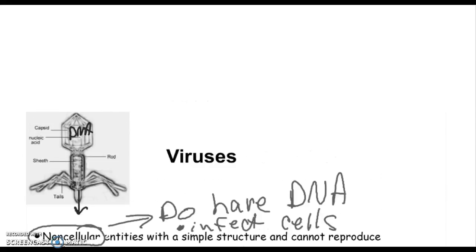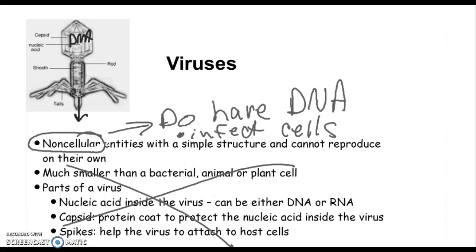The other thing, and please don't write all this down, but since we're talking about cells, I just want to mention viruses really quickly. Viruses are kind of their own beast. They do have genetic material, DNA or sometimes RNA, because RNA, remember, is also genetic material.